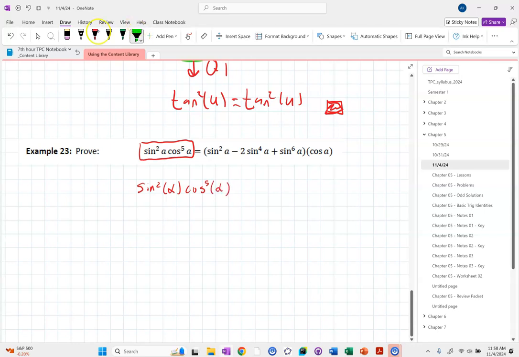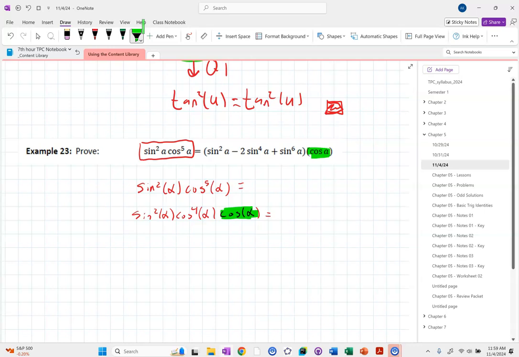Now, the first thing I would do, looking at where I'm trying to get to, I notice that I need to have a times cosine alpha in my answer. Well, I have cosine alpha to the 5th, so I'm just going to rewrite that as cosine alpha to the 4th times cosine alpha.